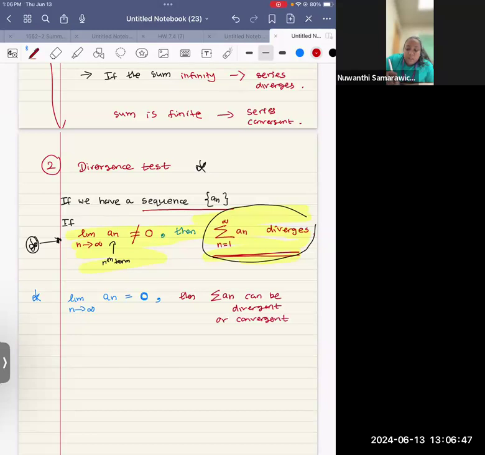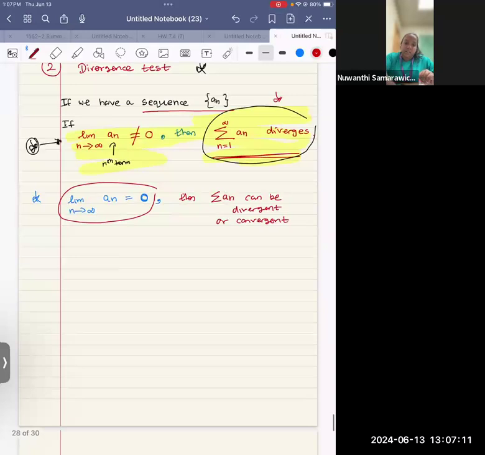So we have to use another technique to find whether the series converges or diverges. Remember this, it's very important. If the limit is not equal to 0, we can say the series is divergent.